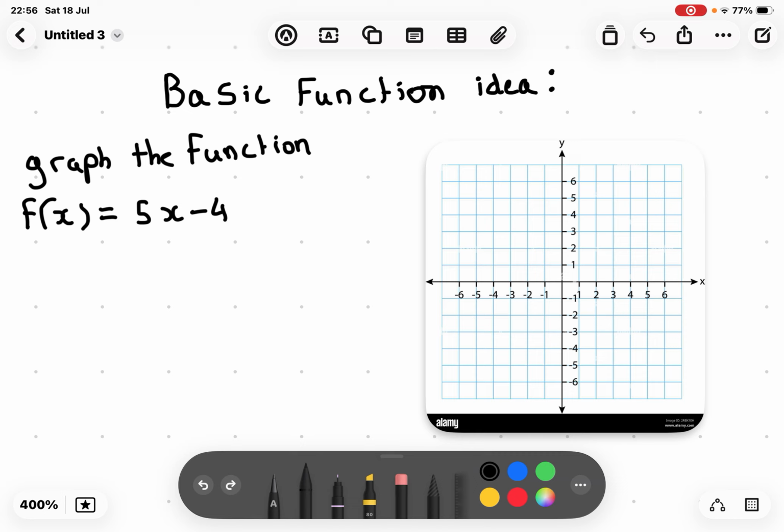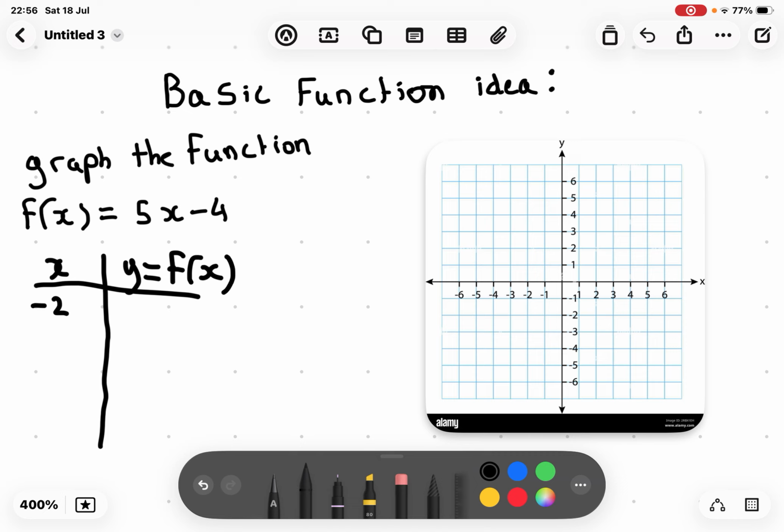However, the main idea is how you do it is you put it like this. This is the x, this is the y, but I would write it like this. So -2: you input the -2 into the x, and then you don't try to look for f in a calculator or something like that.